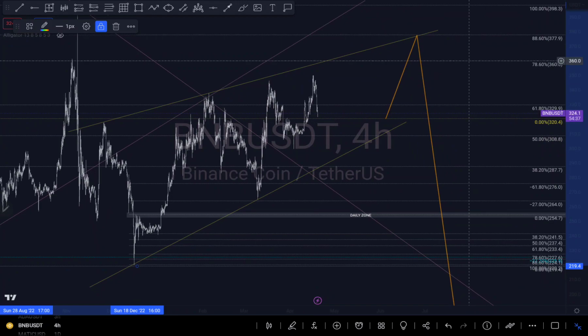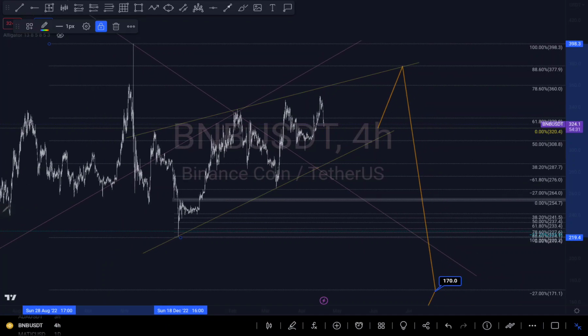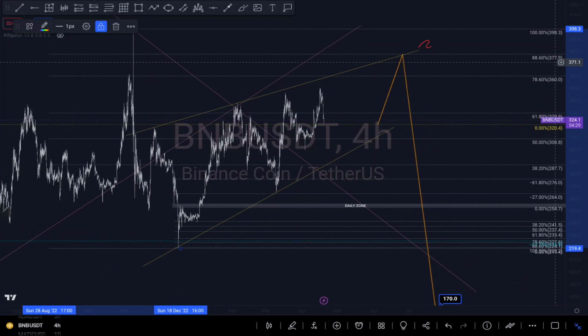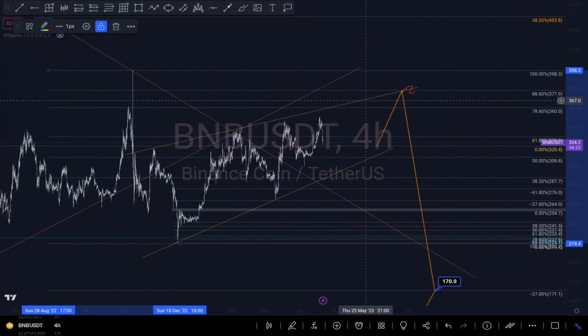So as we can see, what am I expecting? I think there's a possibility that we might push up to this level right here, and my reason is because that level might give us a third touch around this level, and also it aligns with my 88.6% fib reversal as well.